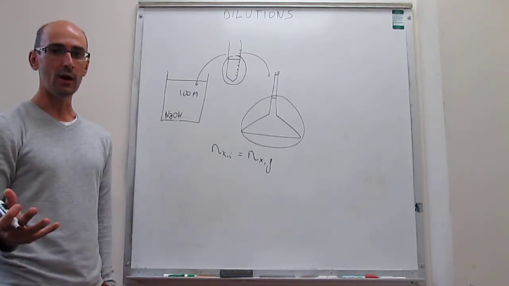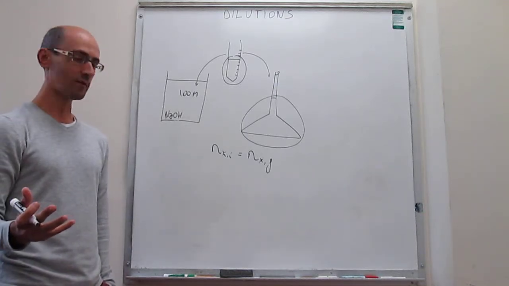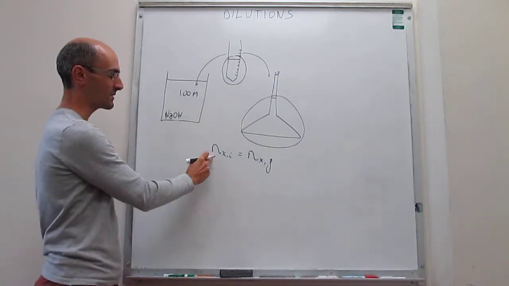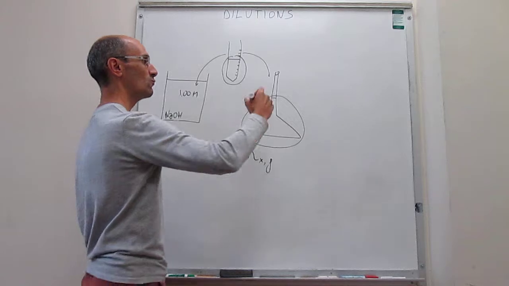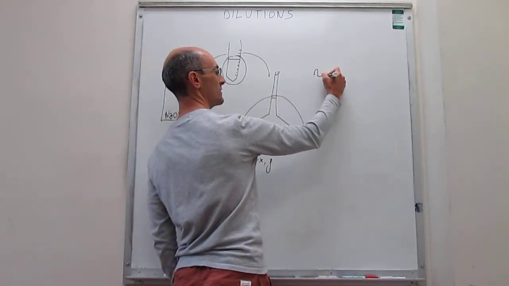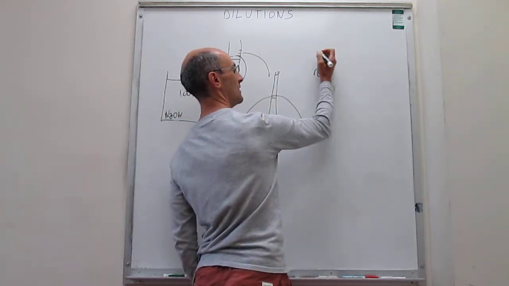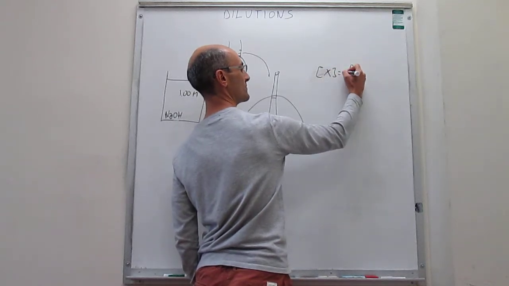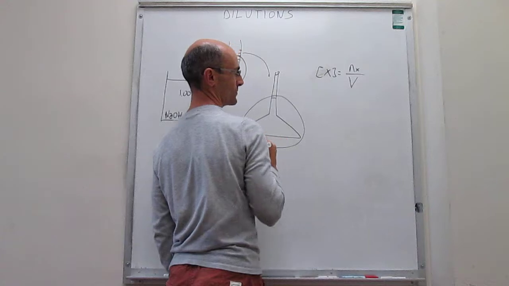Now notice that these are water solutions, so a way to express the number of moles is to use the definition of molar concentration: the molar concentration is equal to the number of moles over the volume of the solution.